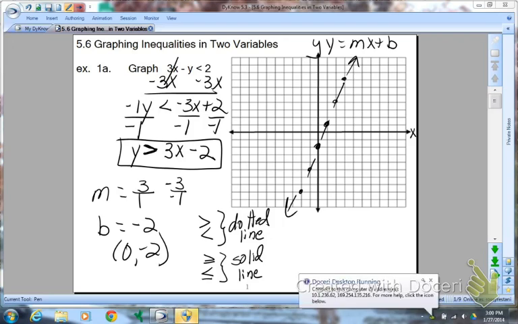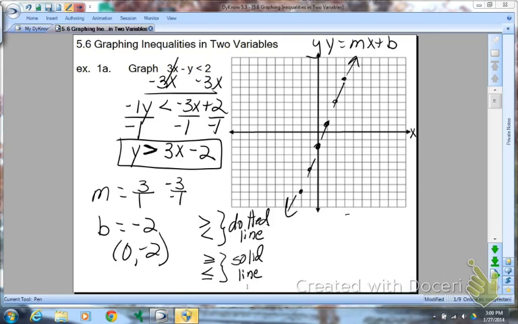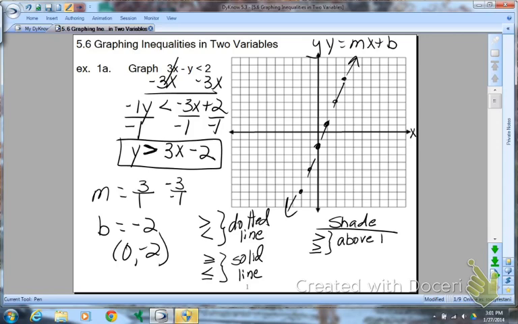Now there's going to be shading involved. When we have an inequality, we will be shading. If it's a greater than or a greater than or equal to, we are going to shade above the line.